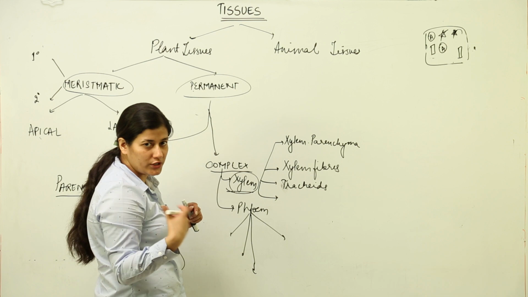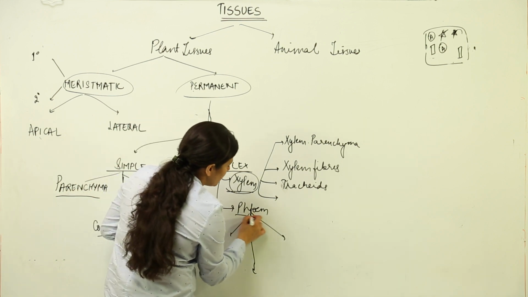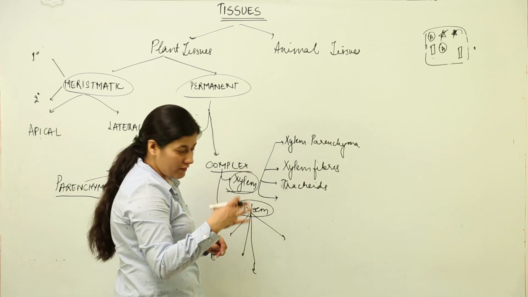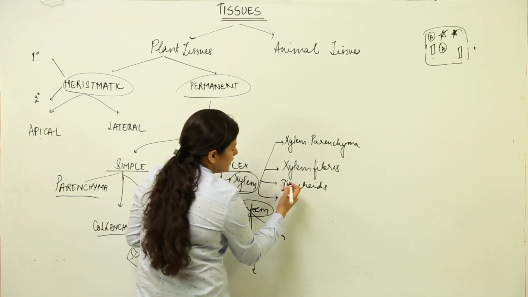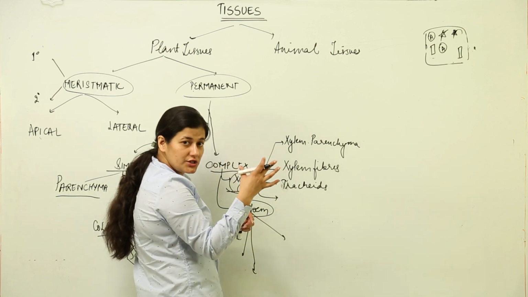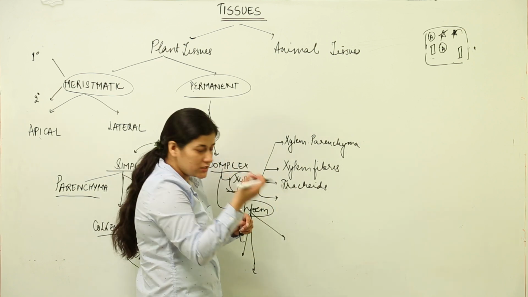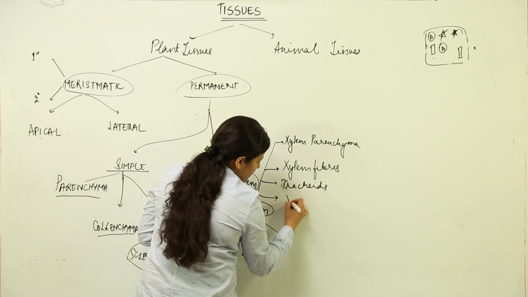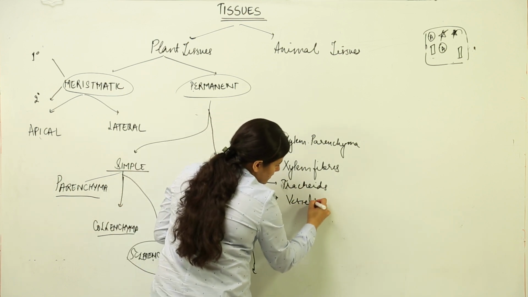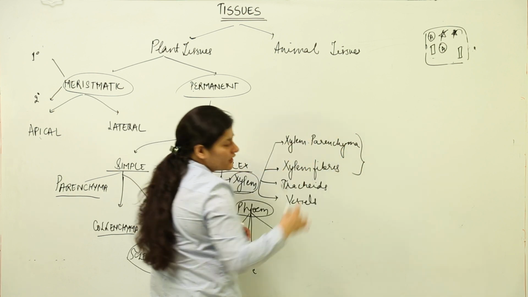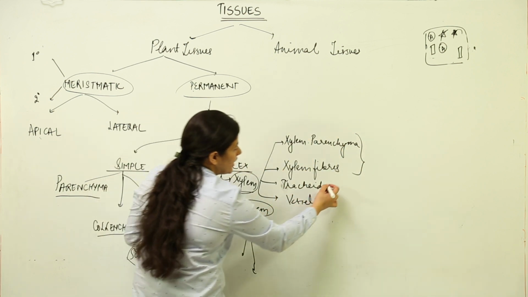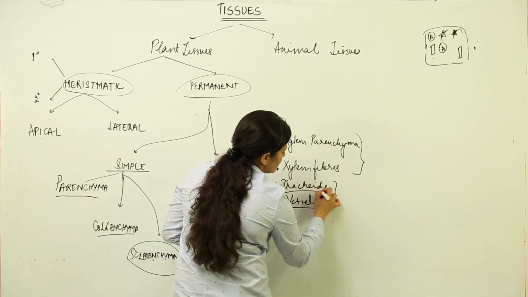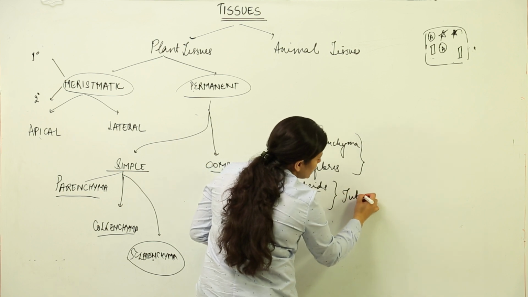It carries the water content, and phloem is responsible for taking the food from one part to another. So if it is a water conducting tissue, it is going to have tubes. So the tube part is tracheids and vessels. This part is for mechanical support, you can say, and this part is for conduction. Tracheids and vessels, you can say, are the tubes of xylem.